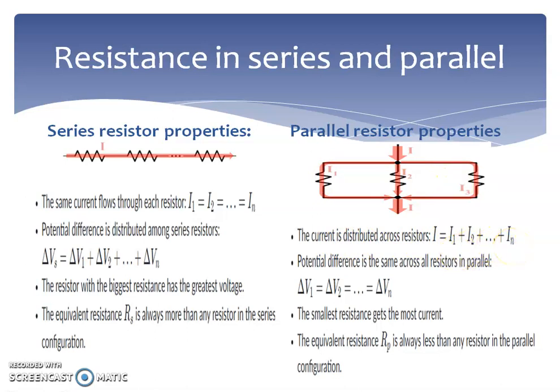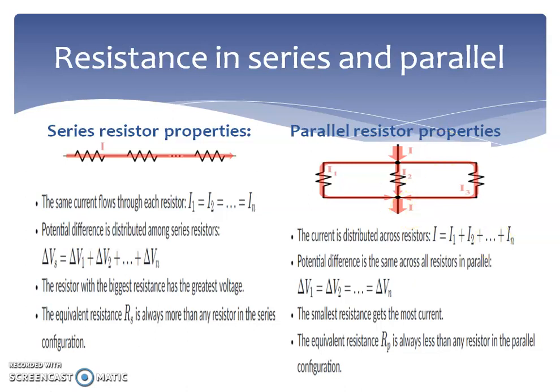What will be the value of total current? The total current will be the summation of the current across resistance 1, resistance 2 and resistance n. So I will be equal to I1 plus I2 up to In. That is the property of parallel resistances. In parallel, the total current is the addition of the currents across the individual resistances, while the voltage remains the same.